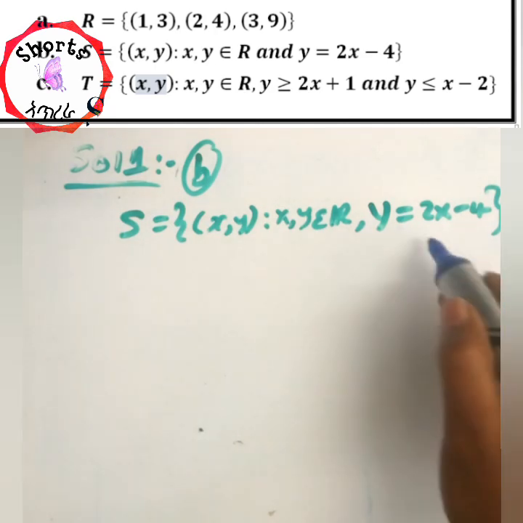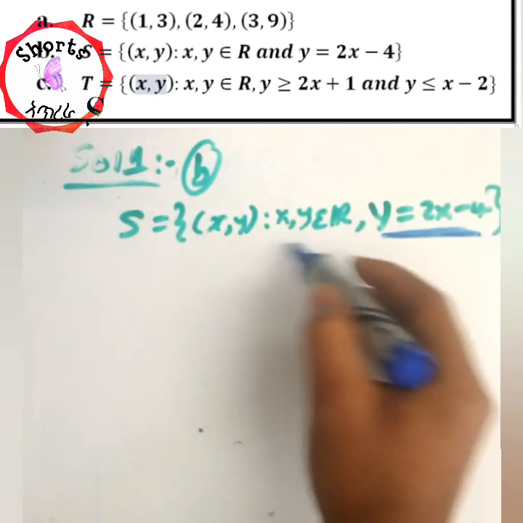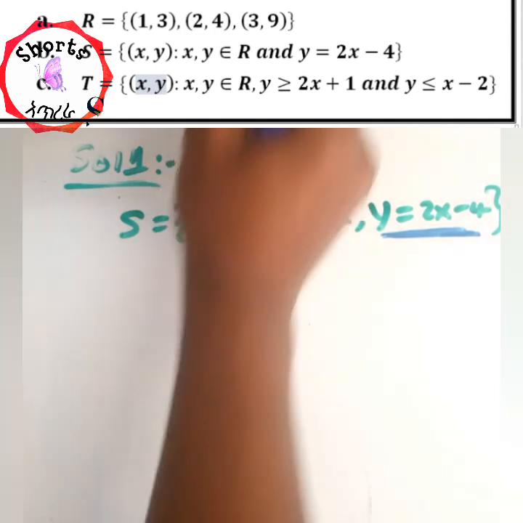This equation is very important, which determines the properties of x and y in this relation. Therefore, first we are asked to find the inverse.